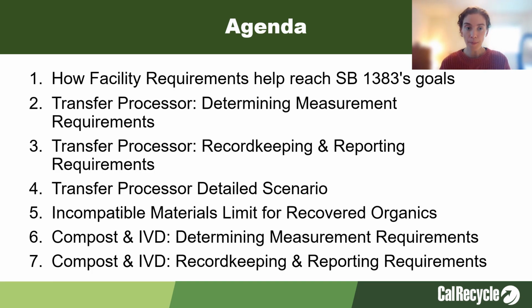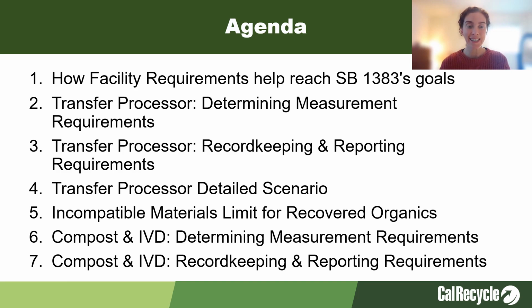And then in part 4, a detailed scenario of a fictional transfer processor facility that takes us from determining how to classify incoming streams, what streams are being received at that facility, all the way to what needs to be entered into the CalRecycle RDRS reporting system. Then in part 5, we'll have a detailed overview of the incompatible materials limit and how to calculate it.